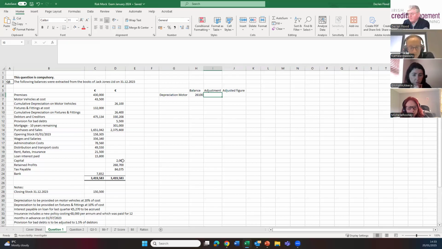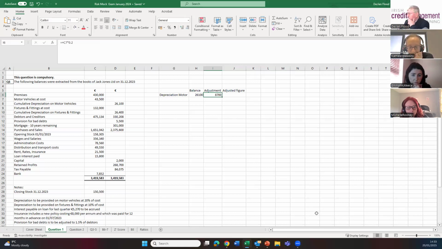Now, depending on your knowledge of Excel, you can do plus that star, it's 20% of cost. So it's multiplied by 0.2, yeah, 20%.